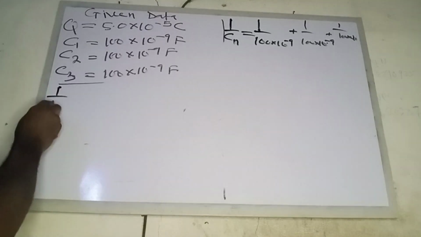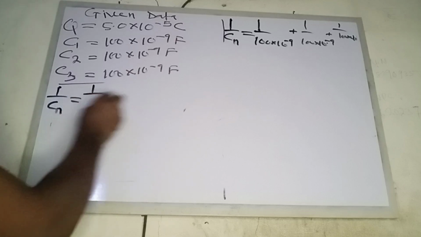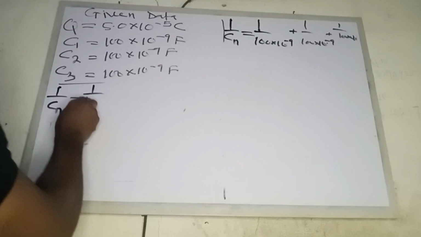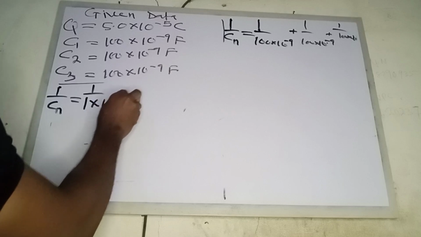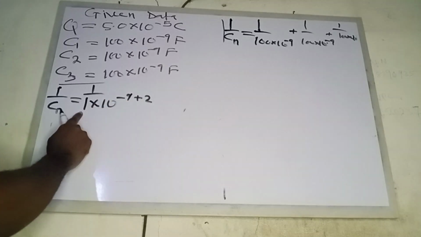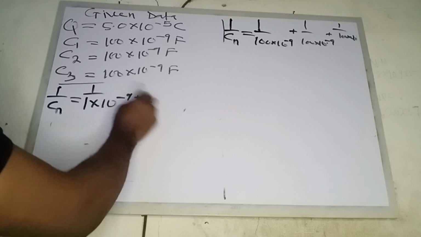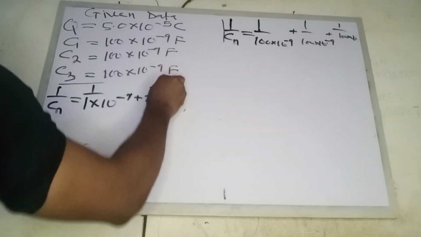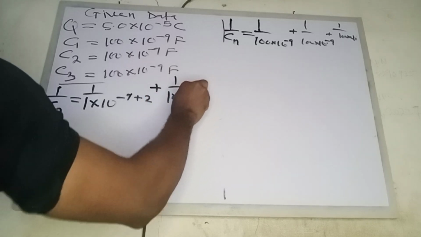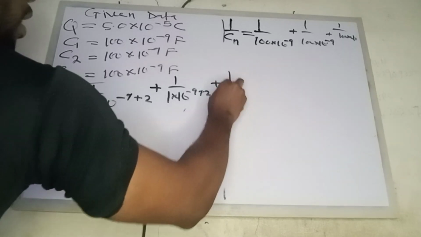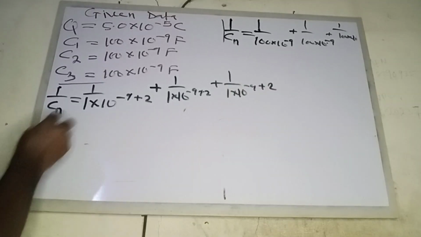I'm going to take this as 1 times 10 raised to the power of minus 9 plus 2, because for the 100, I take the double 0 and count it as 2 here. So plus 1 over 1 times 10 raised to the power of minus 9 plus 2, plus 1 over 1 times 10 raised to the power of minus 9 plus 2.